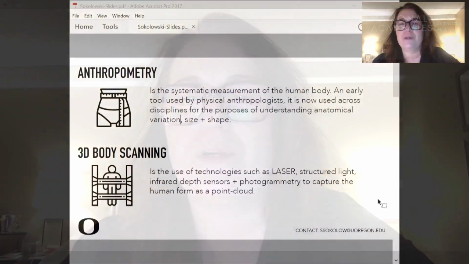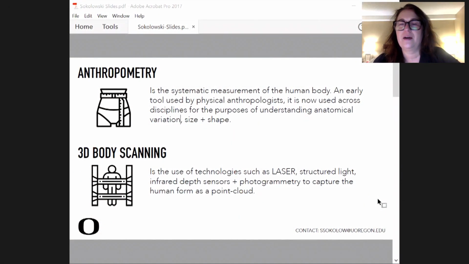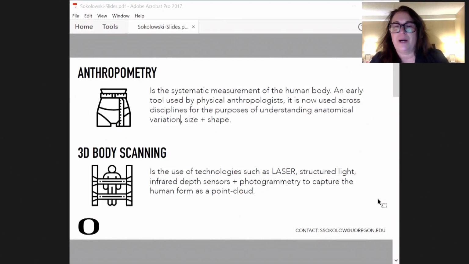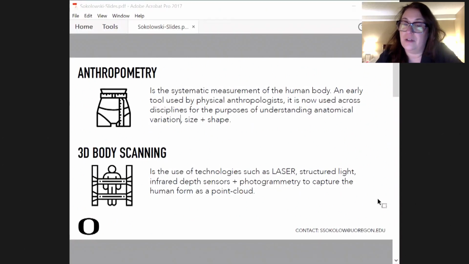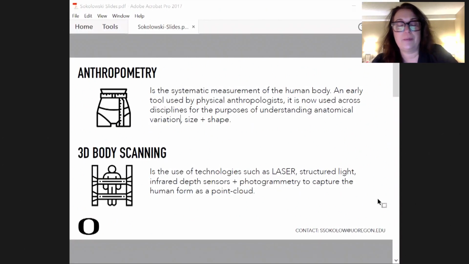I'm a product designer, and my research lies at the intersection of the human body and product shape, sizing, and fit. And I do this work through the study of anthropometry, which is the systematic measurement of the human body. Anthropometry was used early as a tool by physical anthropologists and is now used across academic fields for the purposes of understanding anatomical variation, size, and shape.